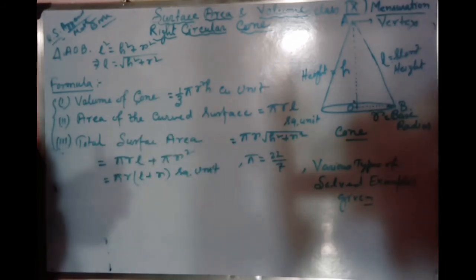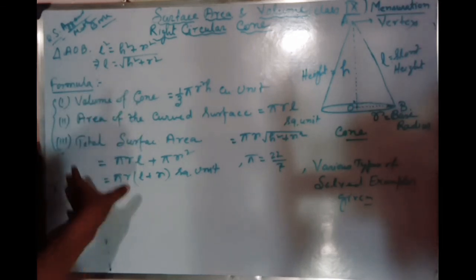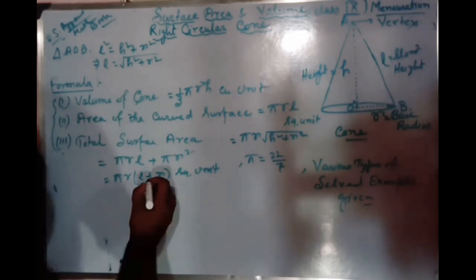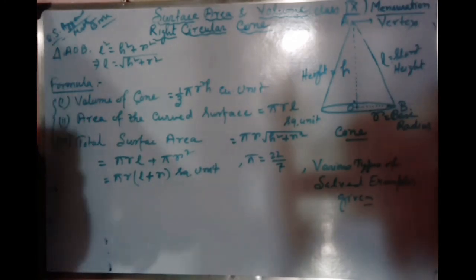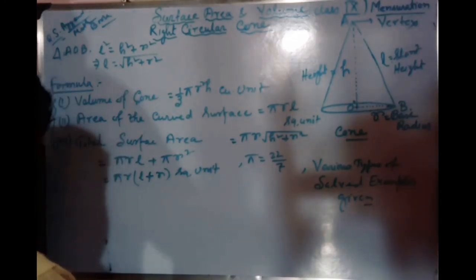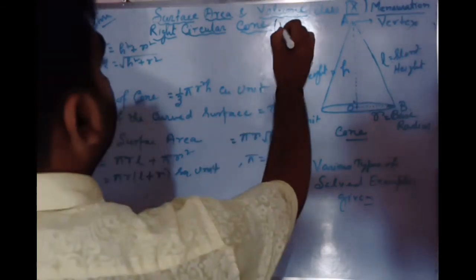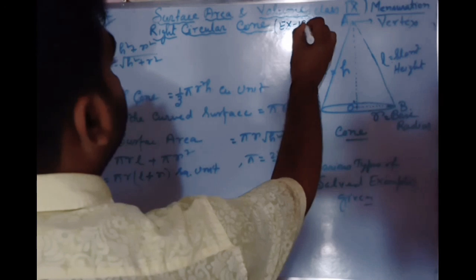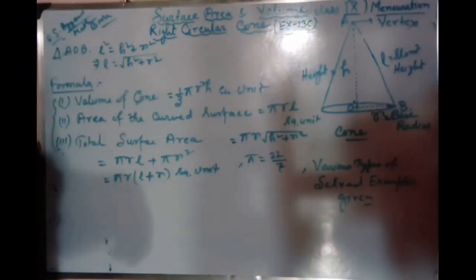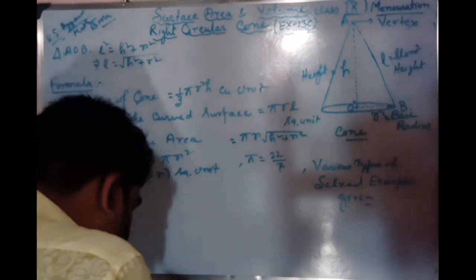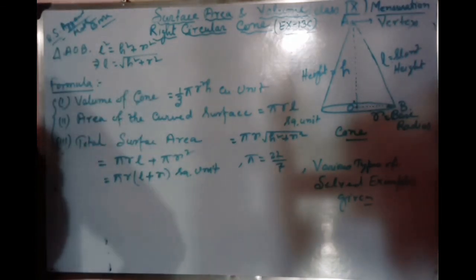So go through the formulas first, remember them, then go through the solved examples, then you can start Exercise 13C. If you are unable to do it, you can ask me, I will definitely help you to understand it.